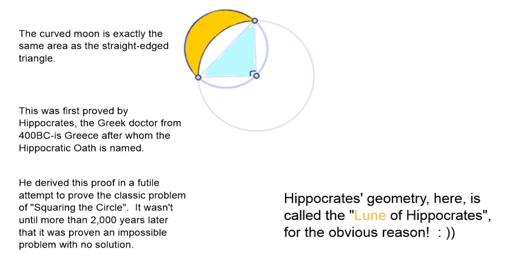It wasn't until more than 2,000 years later, in approximately 1880 something, that it was finally proven that it's impossible to do. You cannot square the circle. But Hippocrates tried, and in the process, he came up with this problem and some variations of this problem. And this problem is called the Lune of Hippocrates, because it looks like a moon.